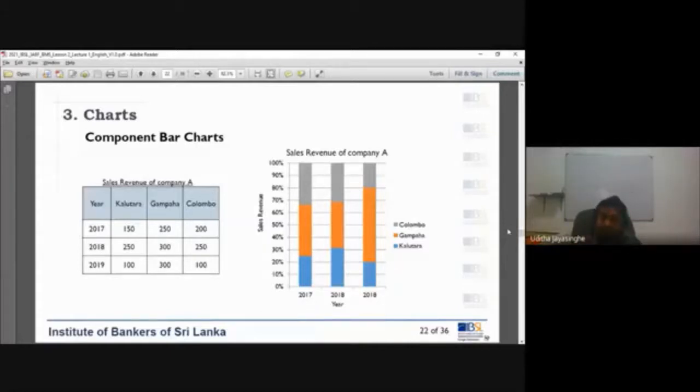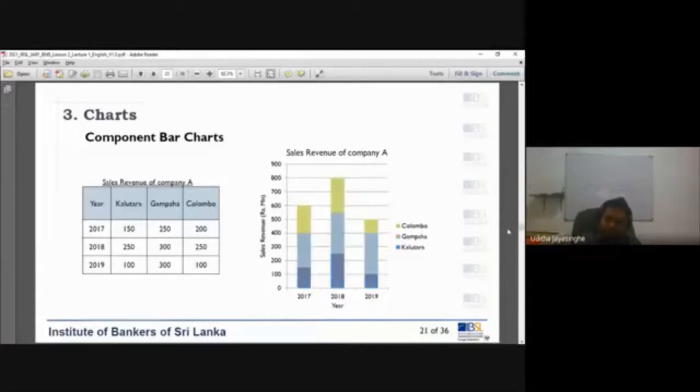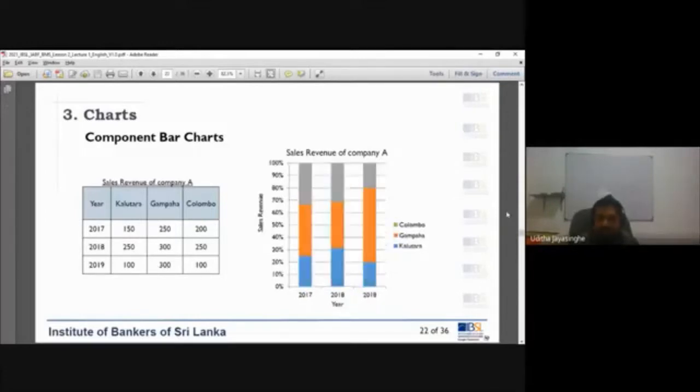But visually you can see that Gampaha seems to be having a much greater contribution. These are nothing but the relative numbers of the exact components of your variable.